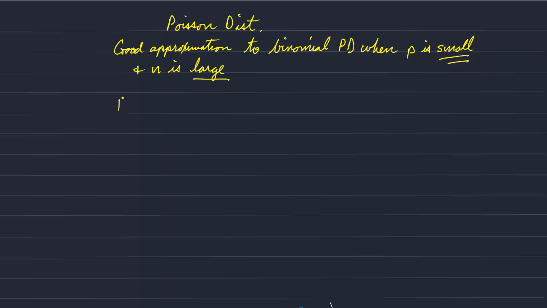So the probability distribution for x is well approximated by the Poisson distribution, and that's lambda raised to the x power times e to the minus lambda, all over x factorial, and x is equal to 0, 1, 2, all the way up to n, where lambda is equal to n times p.